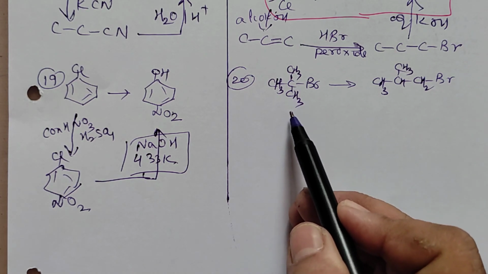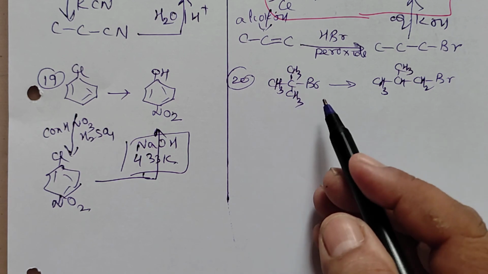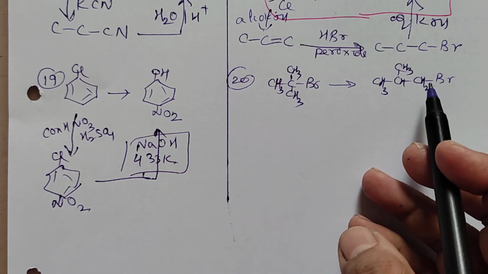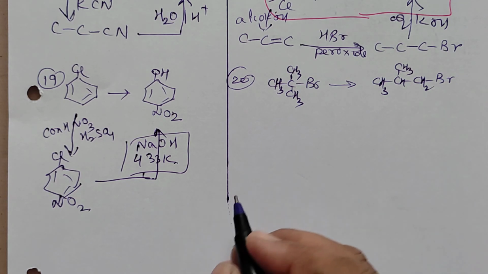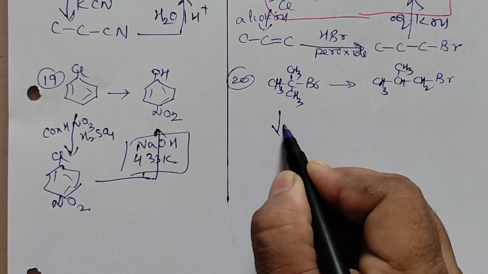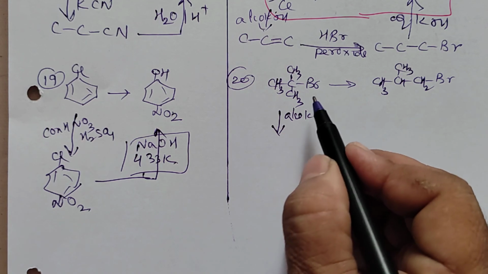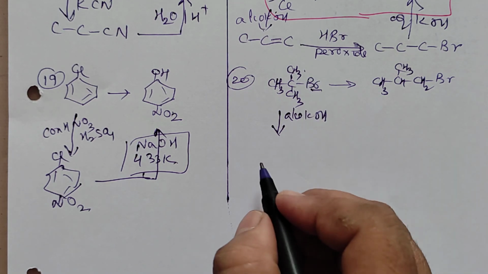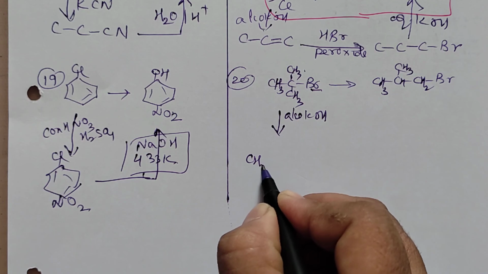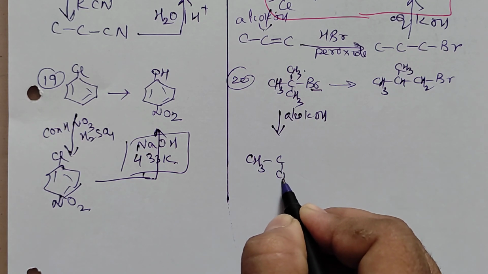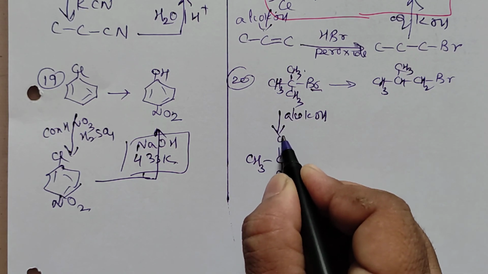This is the last one, tertiary butyl bromide to isobutyl bromide. Right? So first you will treat this with alcoholic KOH. When you treat it with alcoholic KOH, one Br and one H will go. So what we will be left over with? CH3, C, CH3, double bond and CH2.